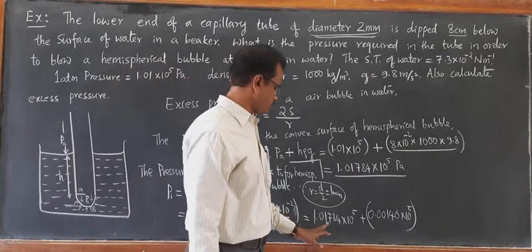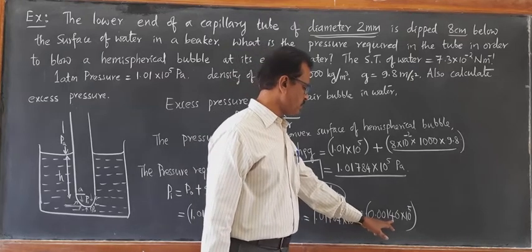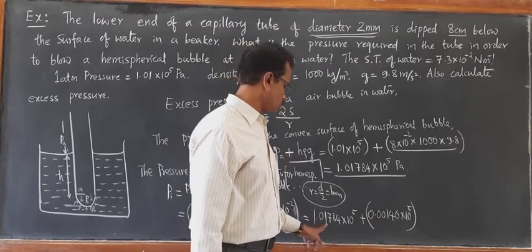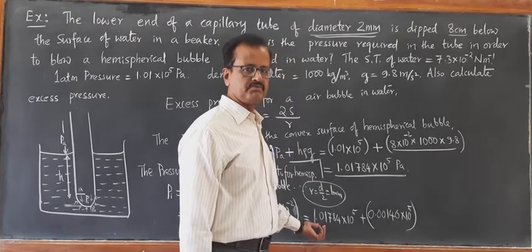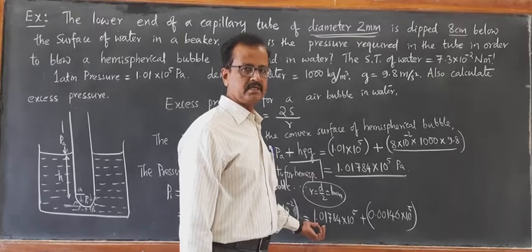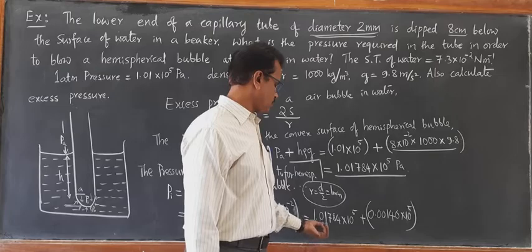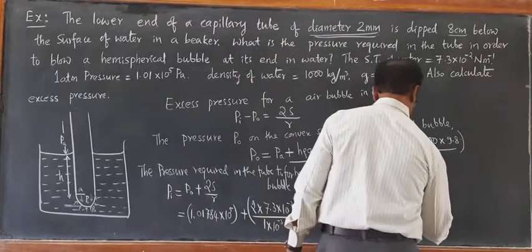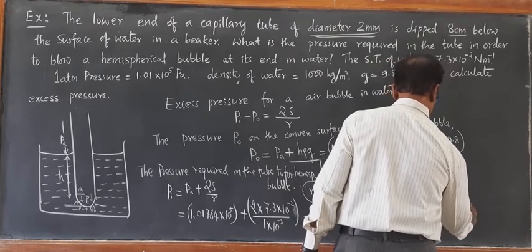So if you add 1.01784 plus 0.00146, almost it is 1.02 up to 3 significant figures. If you actually add, it becomes 1.03. So I can write it comes out to be 1.03 into 10 to the power of 5 pascals.